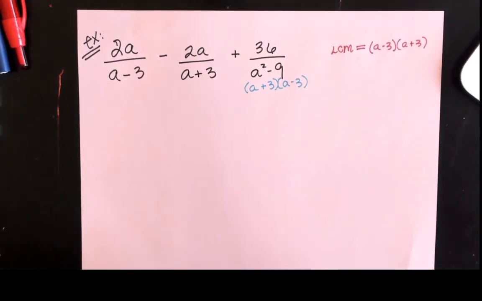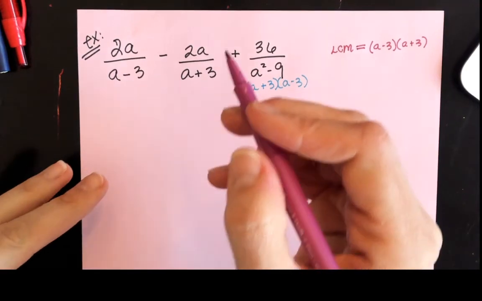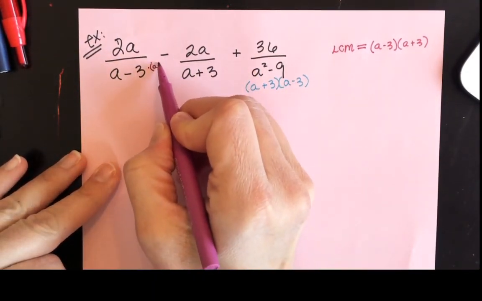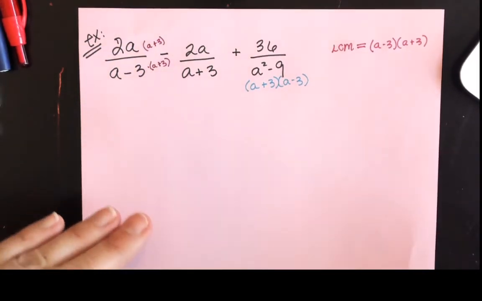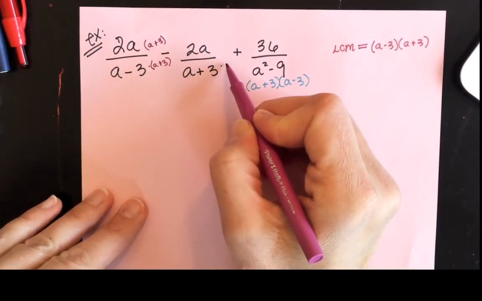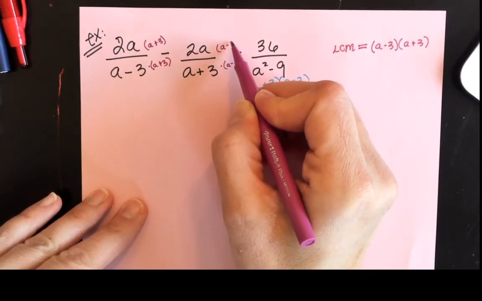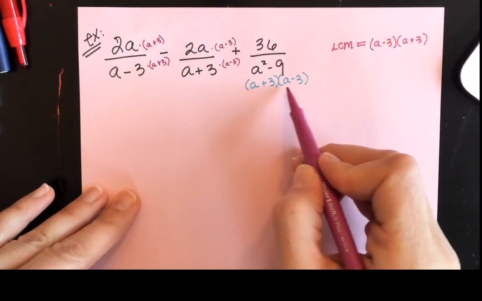So when I go through this and start the work, I'm only going to have to multiply this bottom one here by a plus 3, which means multiply the top. Multiply this one by a minus 3 and do the same on top. And then I don't actually have to do anything over here because I already have both of them.